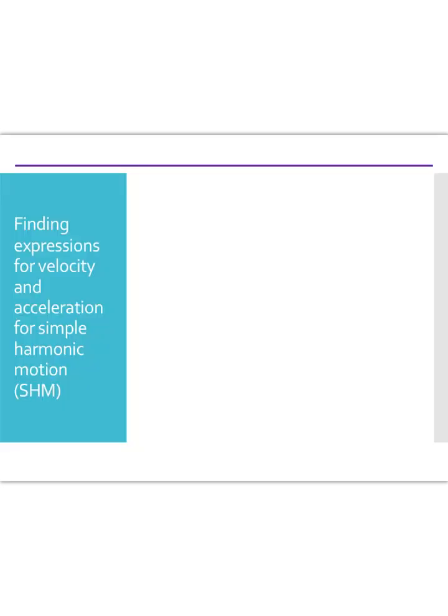So I'm going to just start off with x equals A cosine of omega t plus phi. And I know that velocity is the derivative of position with respect to time. So I'm going to take the derivative of the cosine. Derivative of the cosine is minus the sine, so I get minus A times the sine of omega t plus phi.